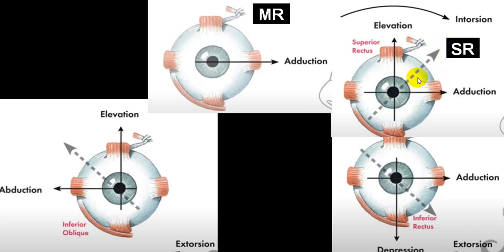So elevation plus adduction, this will be the direction. While inferior rectus will be moving the eye downwards, we also use the word depression. This is elevation, this is adduction, or we call it medial movement, nasal movement. These are the words which are being utilized, but by and large we utilize the word adduction.